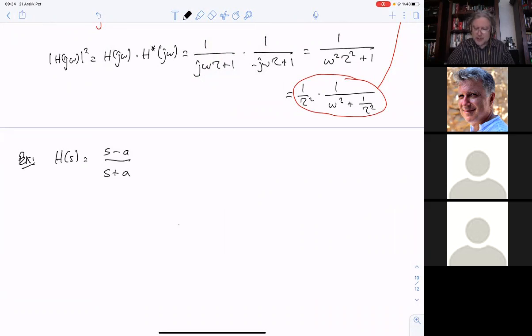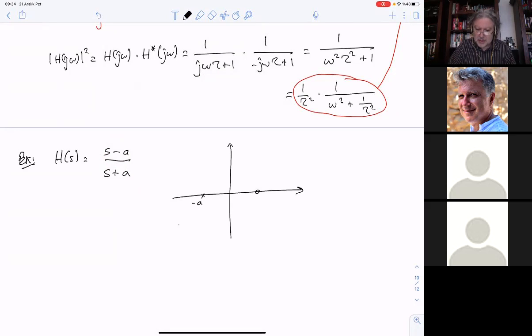What are the poles and the zeros of this? The pole is at s plus a equals 0, which is s equal to minus a. Let's say that it's here, minus a. And the zero is at s minus a equals 0, which means s equal to a is the zero. So we have one pole and one zero, and they are like this.